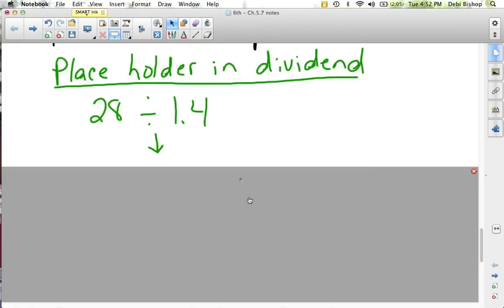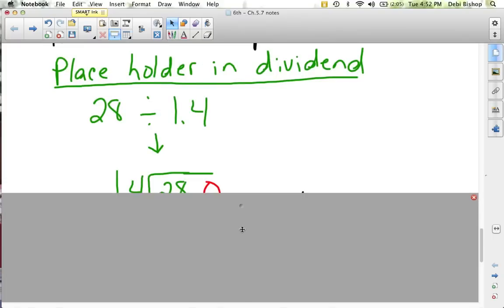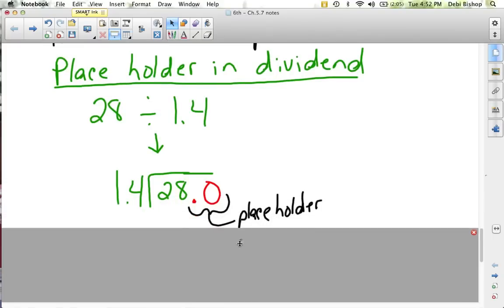So first I would put it in my division box. Now here I don't have any decimal number, so I can add in a 0.0. It does not change the number, but I know that I have to multiply both sides by 10, so I have to insert that 0 as my placeholder.